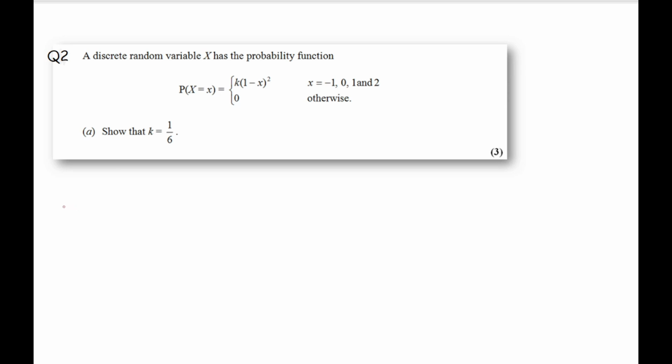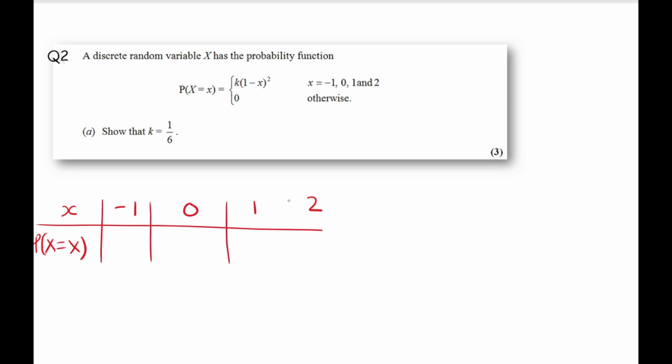For this, again, we set up our probability distribution. So we've got x equals -1, 0, 1 and 2. Then we've got our probability function to work out the probability of each of those 4 values. If I substitute x equals -1 into my probability function, this value is going to be k of 1 minus -1 squared.